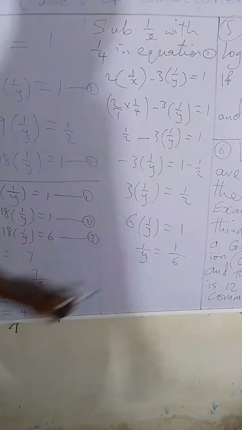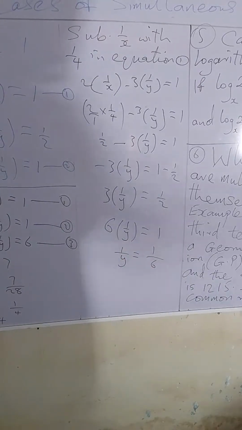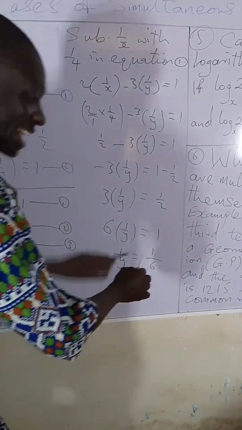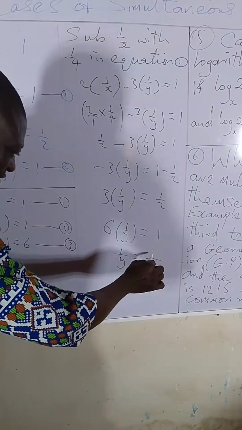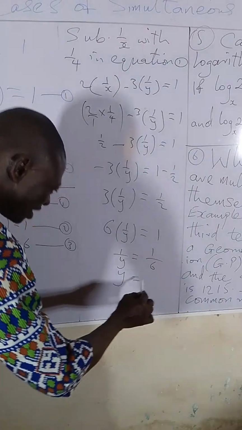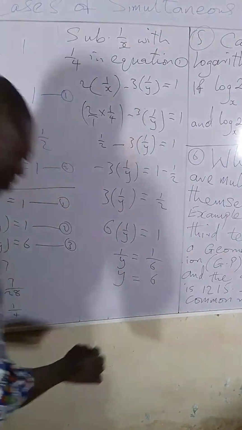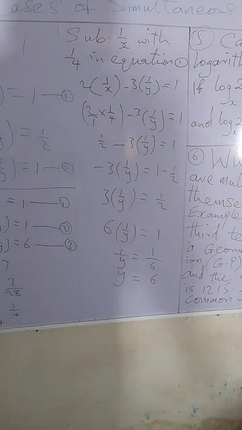If you cross multiply now, you are actually going to get 6. But let us do that multiplication because people would expect it. Here 1 is coming to multiply y, we have y. Here 1 is coming to multiply 6 to give you 6. So y is now equal to 6.